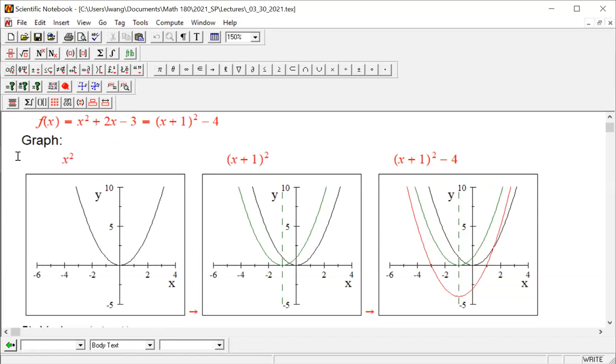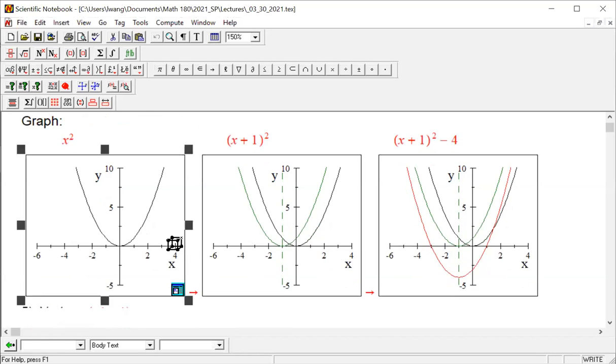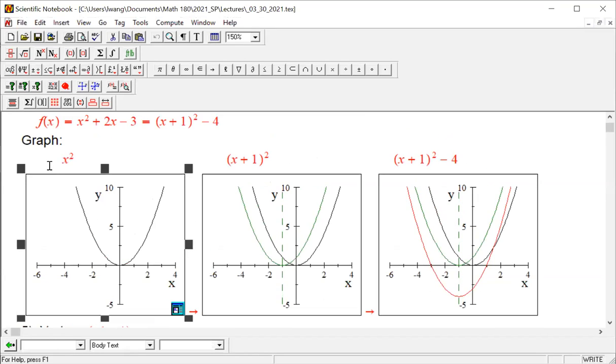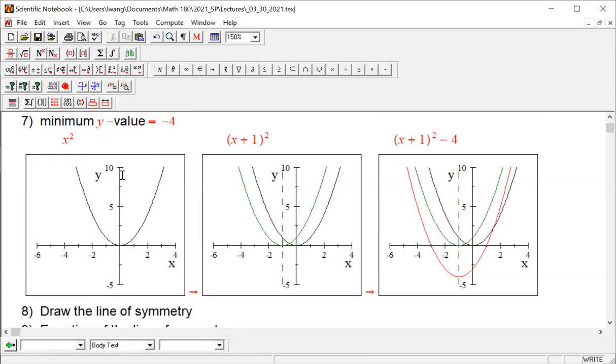Let me bring this over here. This is the line of symmetry, which is the y-axis before any shifting. So what is the equation of this line of symmetry, which is the y-axis? What is the equation? Anybody tell me?